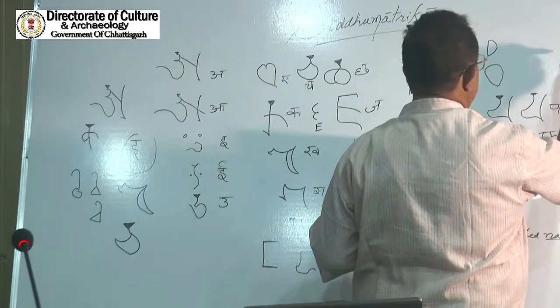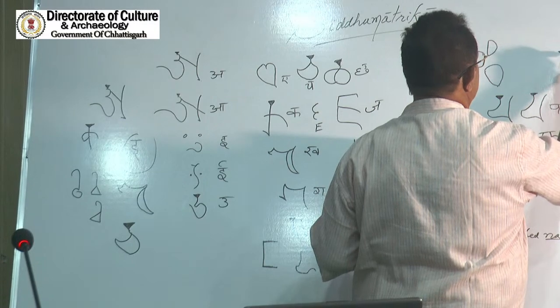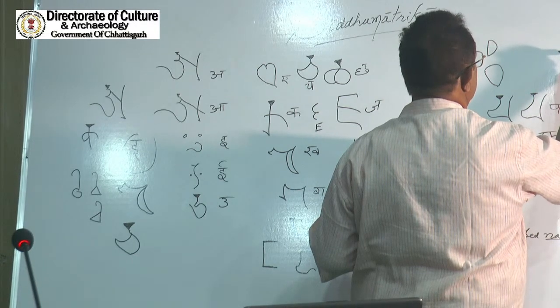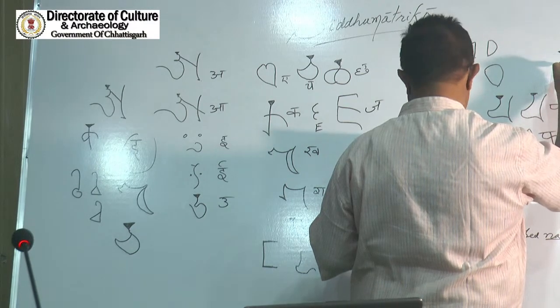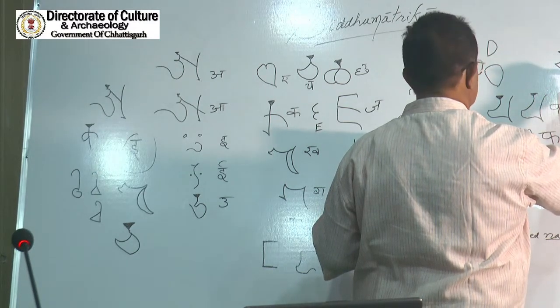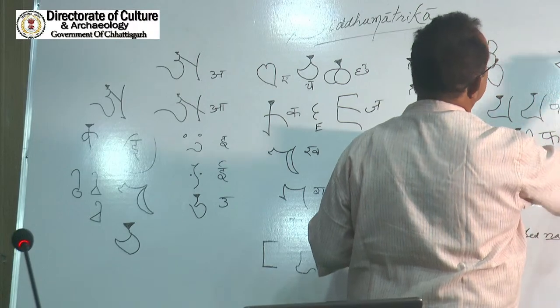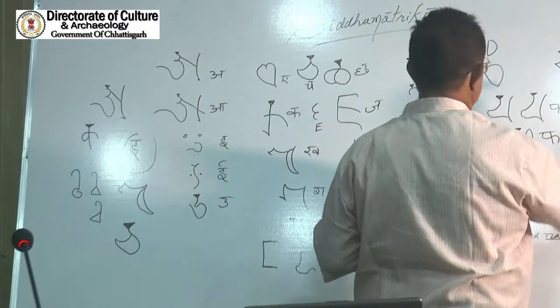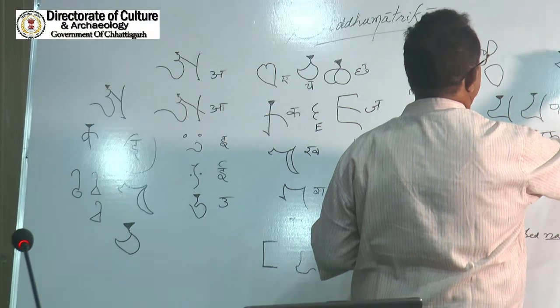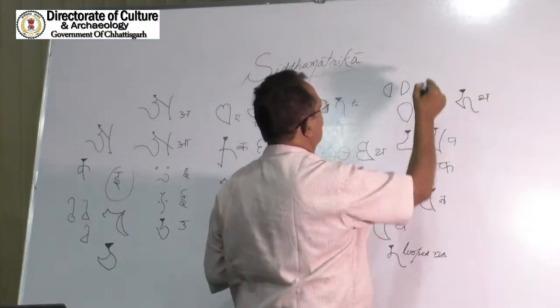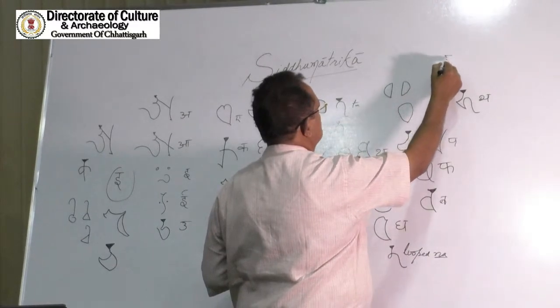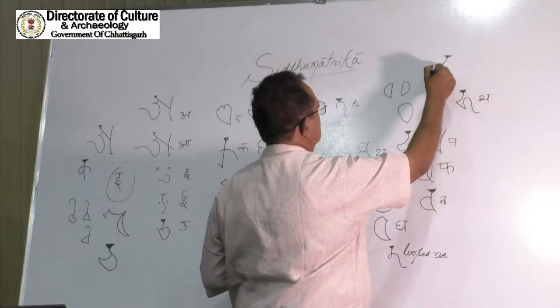And bha is written like this. So one stroke above with a head mark, and then a curve.